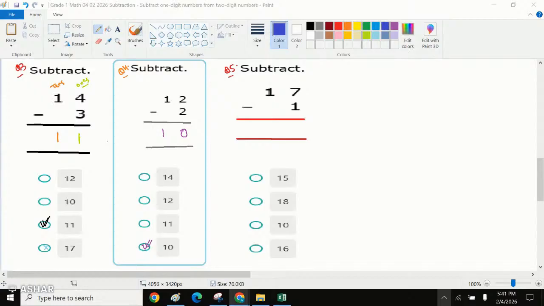We know that 7 minus 1 was 6. Your answer is correct. You said it's 16. It's perfectly correct, right?